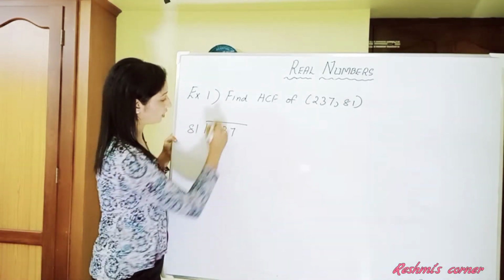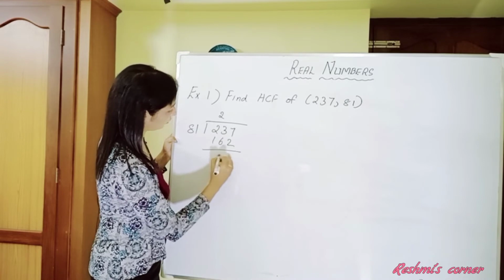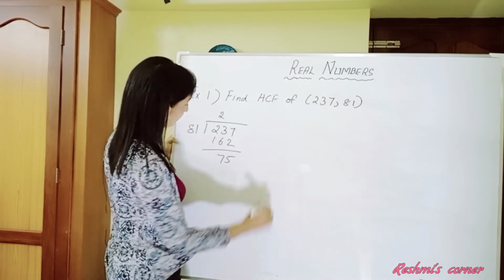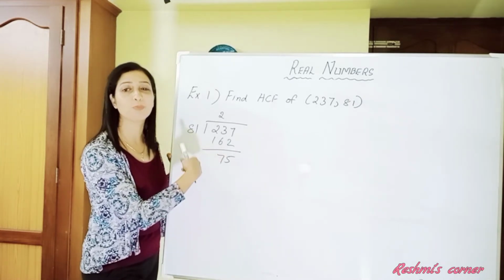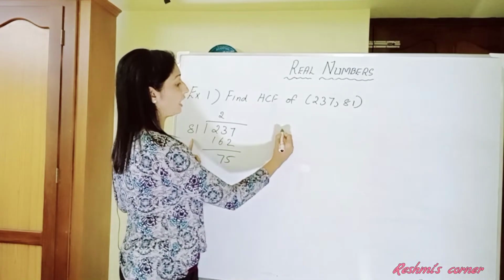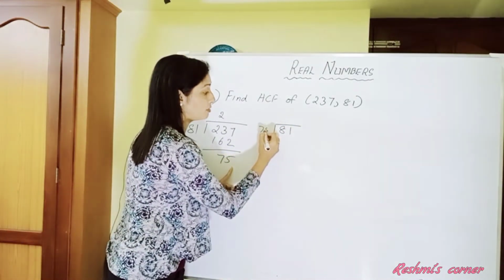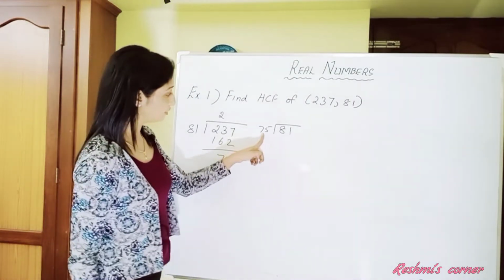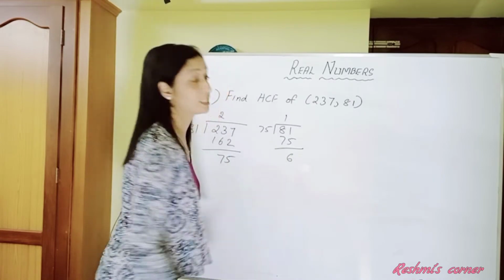So 81 2s are 162 and we get the balance 75. Here again we haven't got our remainder 0, so we perform the division once again. So here 81 becomes our dividend and 75 becomes our divisor. 75 ones are 75, balance 6.